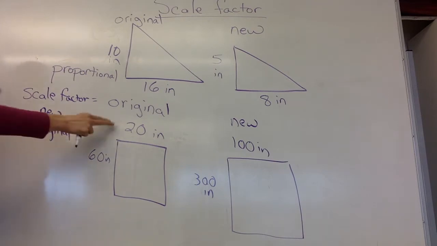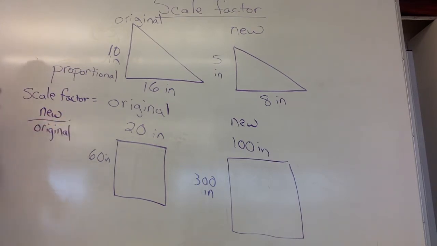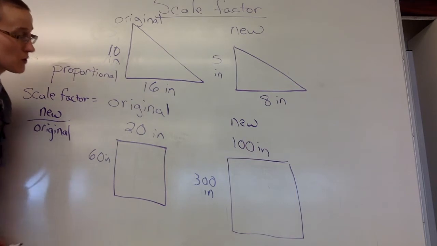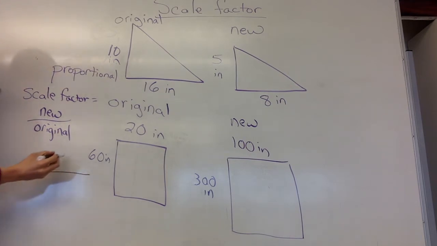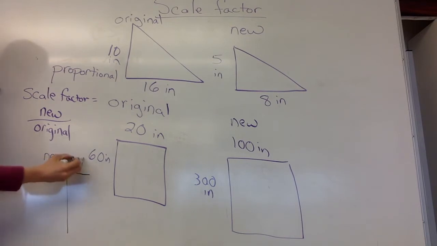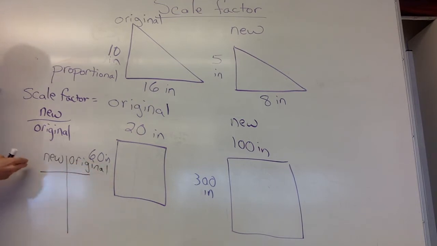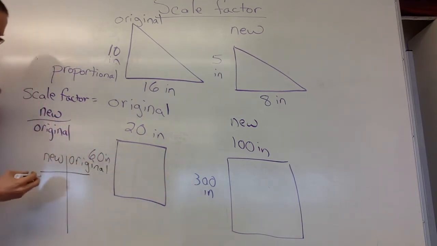Okay, we're going to be using that a lot. So let's look at this first diagram here. And what we're going to do is look at corresponding sides. So I'm going to make a little table here. And first I'm going to put my new and my original. Right? And let's line up corresponding sides. So in the new, I have a side that's 300 inches.